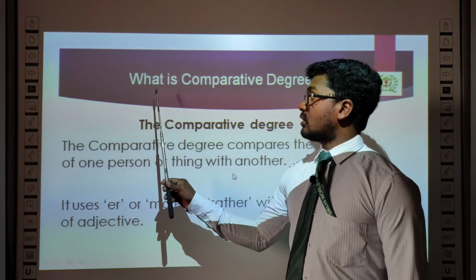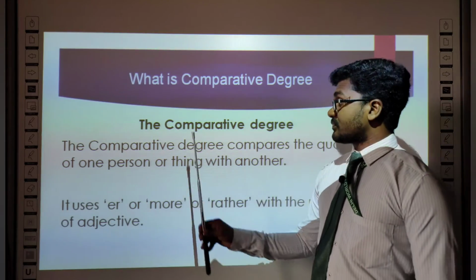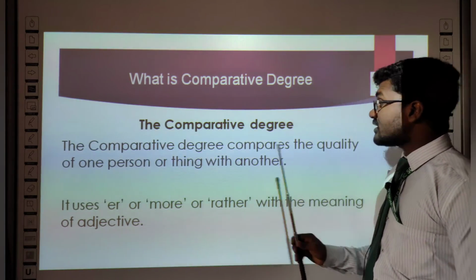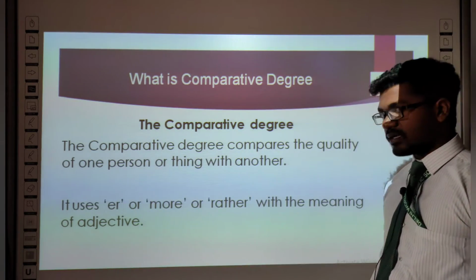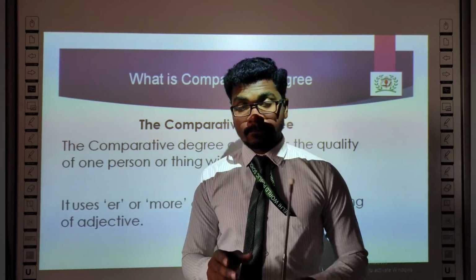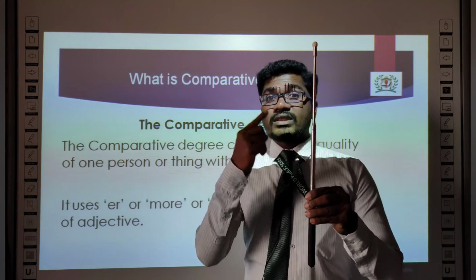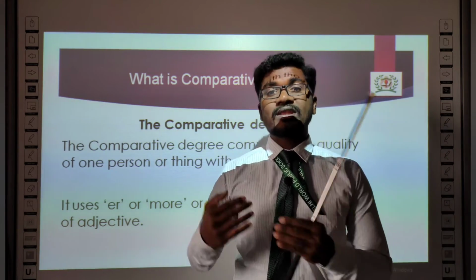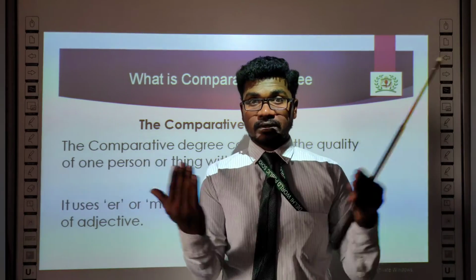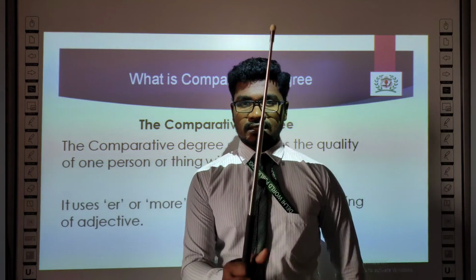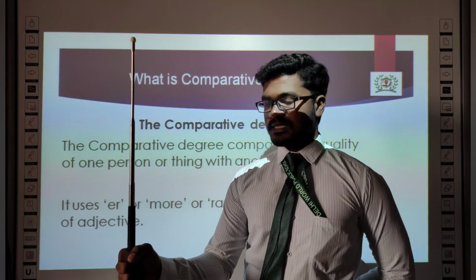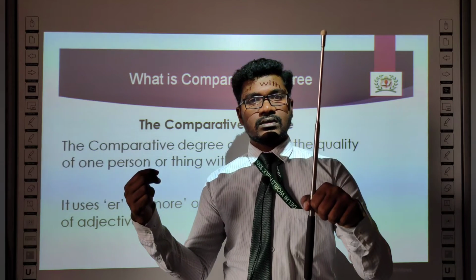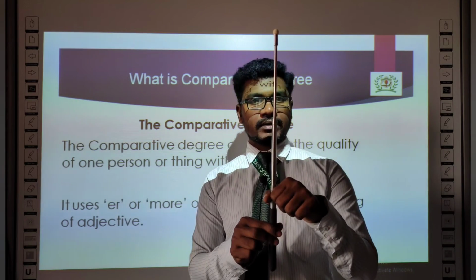Now, second, what is the comparative degree? The comparative degree compares the quality of one person or thing with another. Now listen carefully. One thing with another, that is two. One person with another person. This is said to be compared. If only one stick is there, I cannot compare, because there is no other stick to compare with.